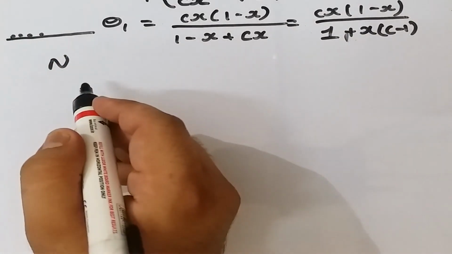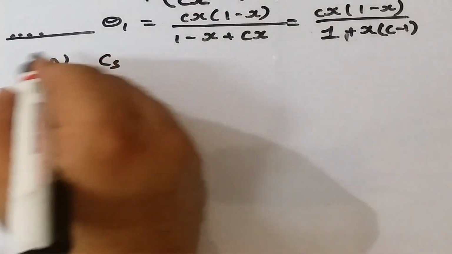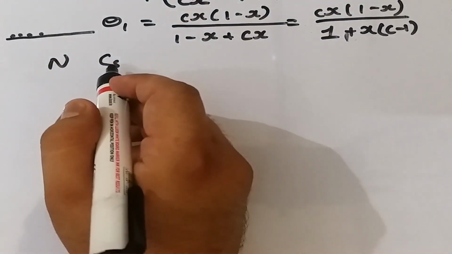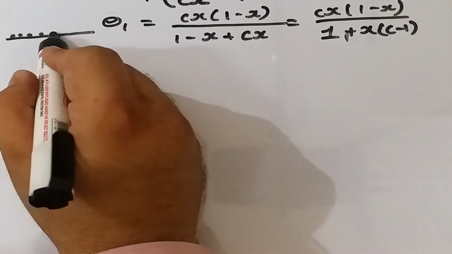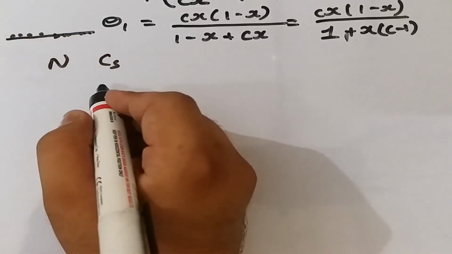And if we consider that Cs is the total amount of sites present per unit mass, so n is the number of adsorbed molecules, and Cs is the amount of sites present per unit mass.